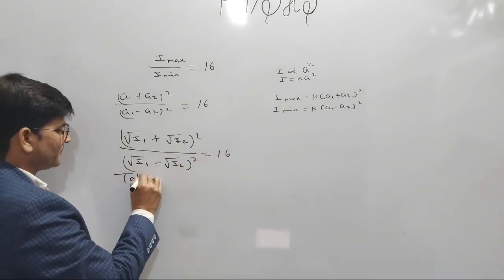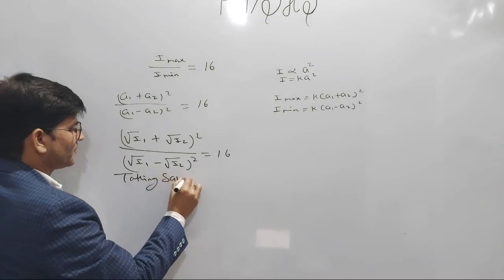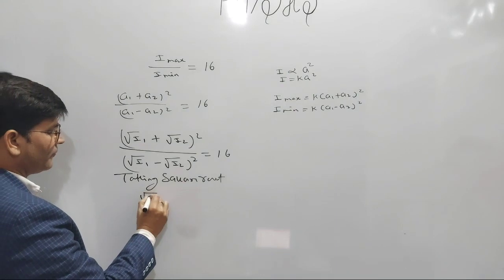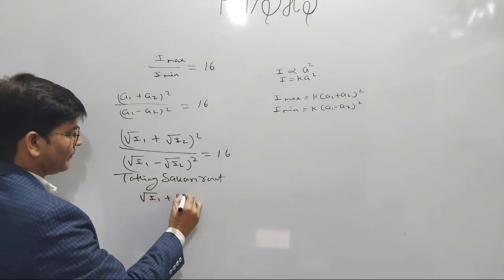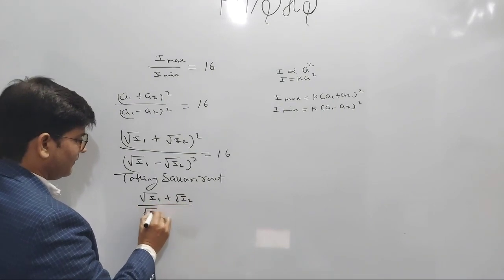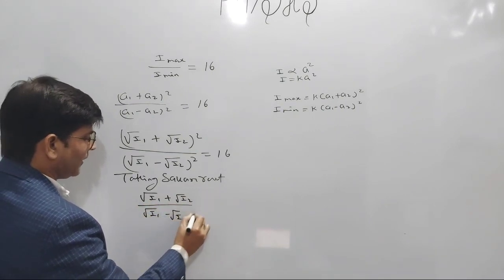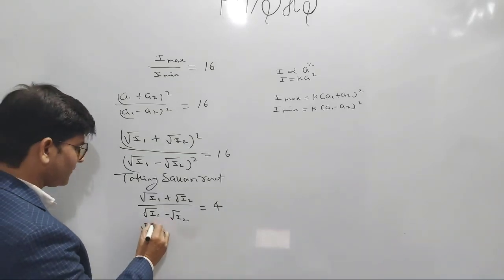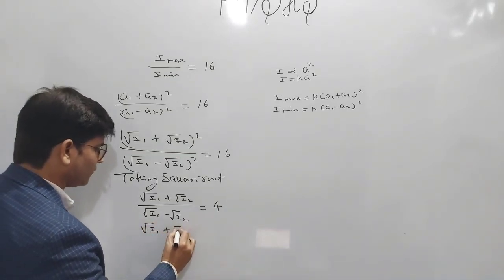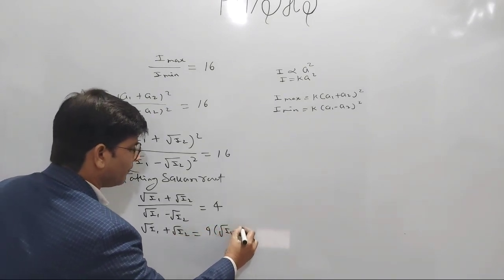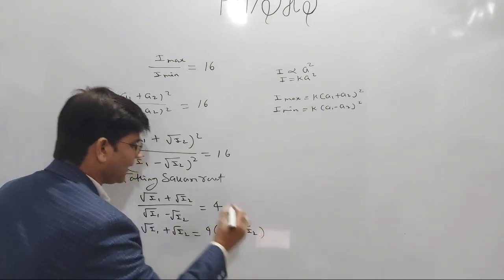Taking square root on both sides, we have under root I1 plus under root I2 divided by under root I1 minus under root I2 is 4. Now under root I1 plus under root I2 is equal to 4 times (under root I1 minus under root I2).